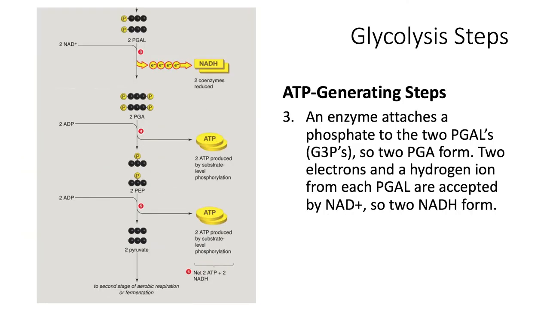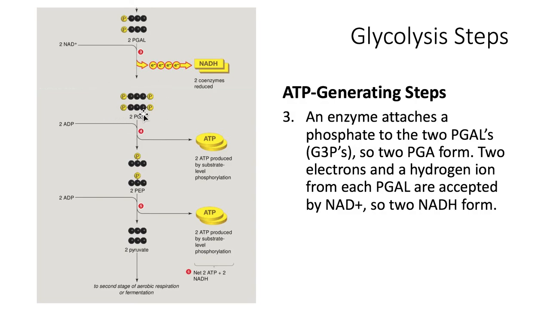Next, we start our ATP generating phase. We put in 2 ATP, so we're down 2 ATP. We better start making ATP. So in step 3, we take our 2 PGAL molecules and we're going to attach a phosphate group to them so that we form 2 of these PGA molecules, right? These are PGAs over here.